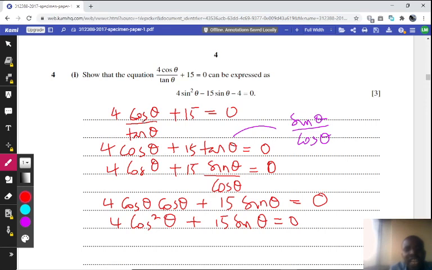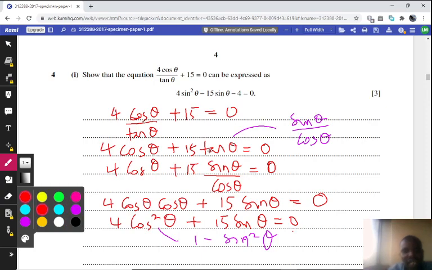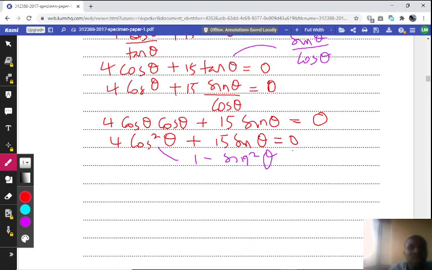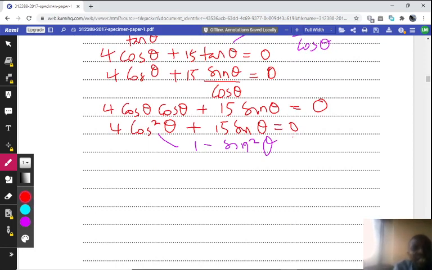Then use the identity for cos squared theta. The identity for cos squared theta is 1 minus sin squared theta. That's the identity that you have to apply in this case. So you replace cos squared theta with 1 minus sin squared theta.